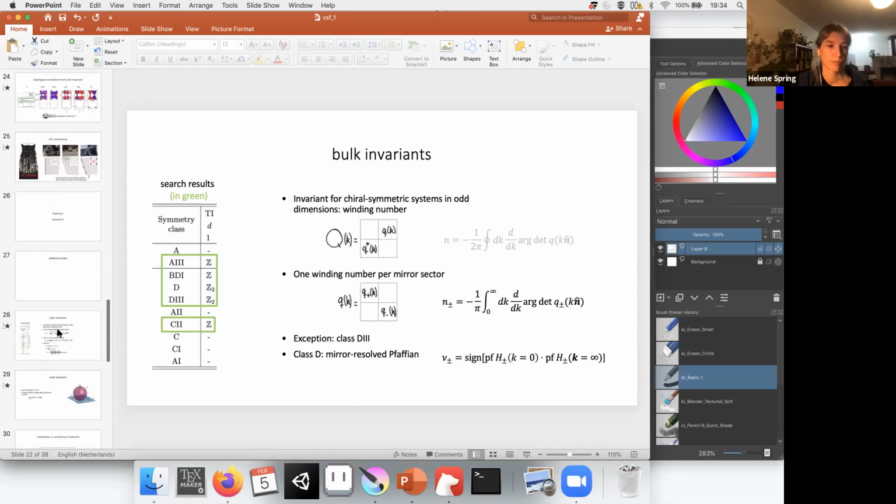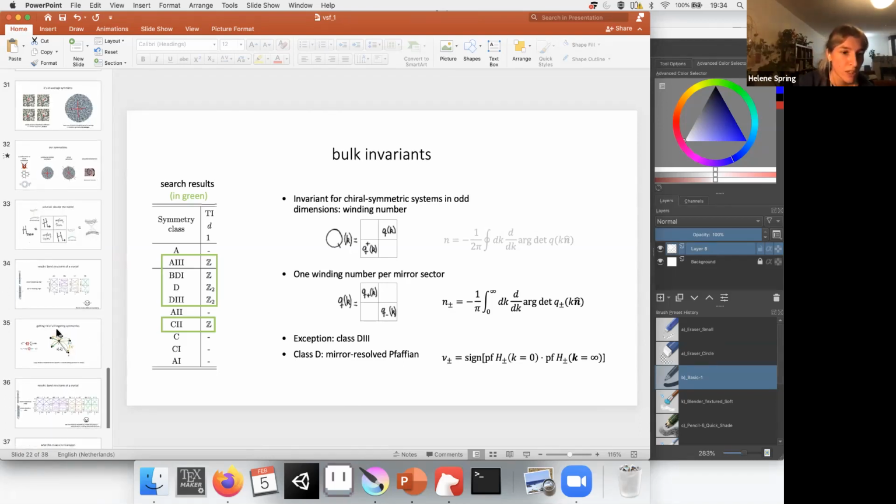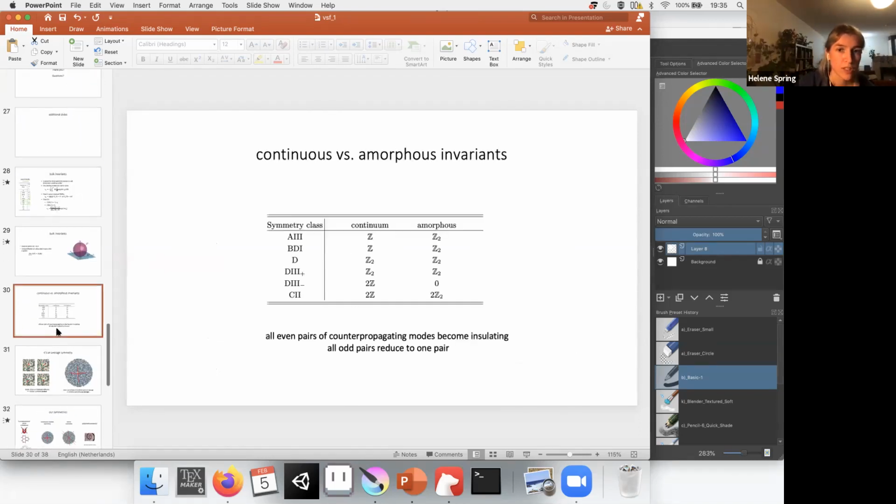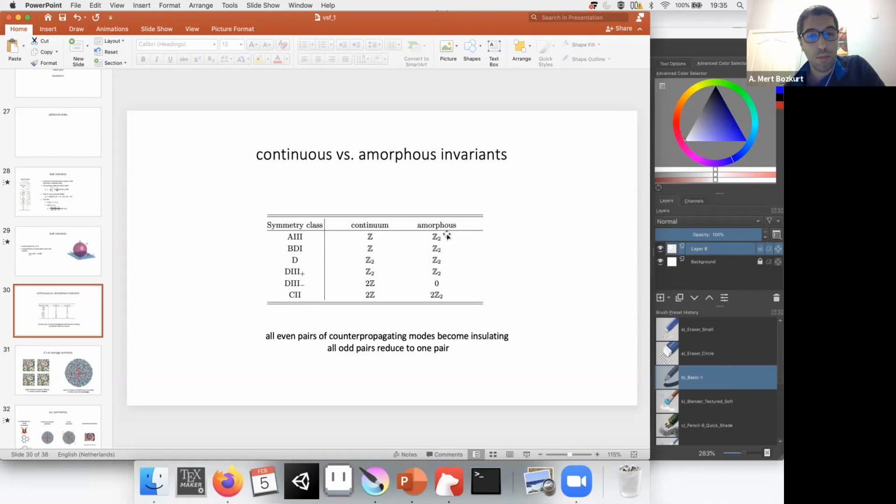So hold on, let me see. I have an extra slide for this somewhere. For continuum systems, you can have Z invariants, which means they can take the value from negative integers to positive integers. But for statistical topological insulators, all you can have is a Z2 invariant, which means it's like a light switch, it's either 0 or 1.